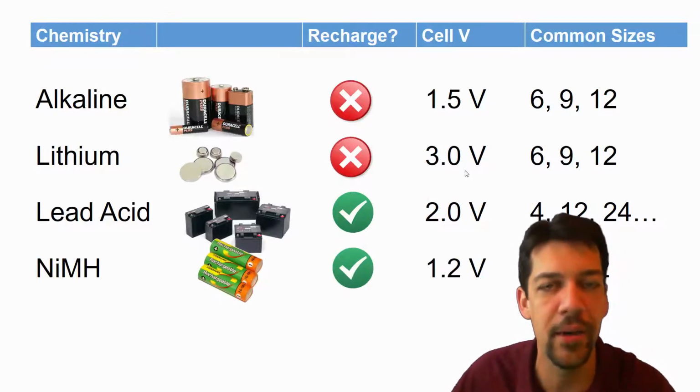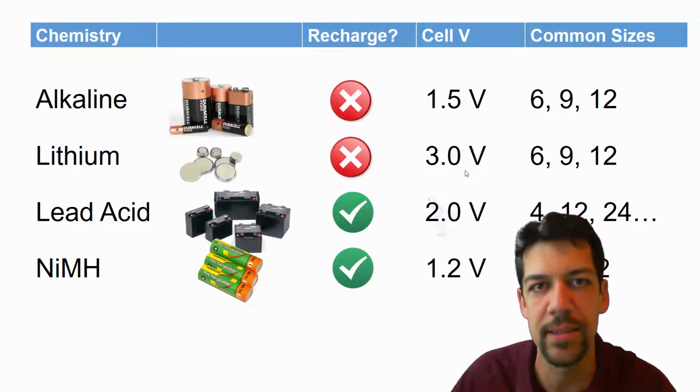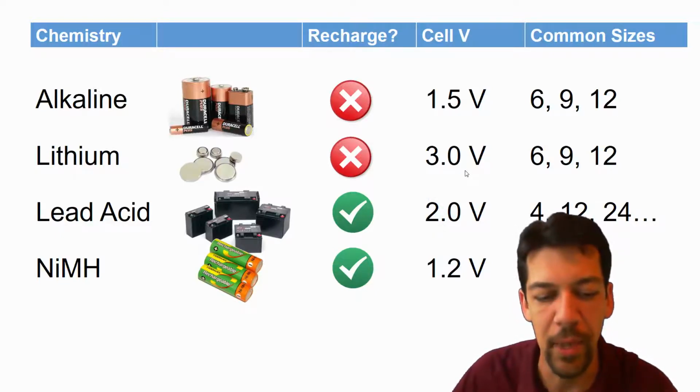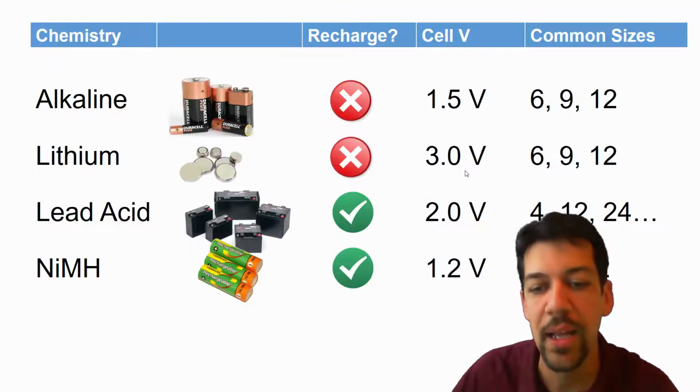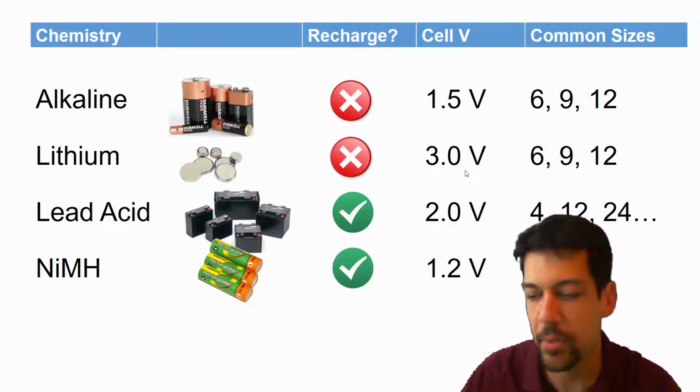Most of our rechargeable batteries, the rechargeable AAs and stuff like that, are nickel metal hydride batteries. So these are another chemistry that is rechargeable. Their cell voltage is 1.2 volts, which is lower than the typical alkaline.